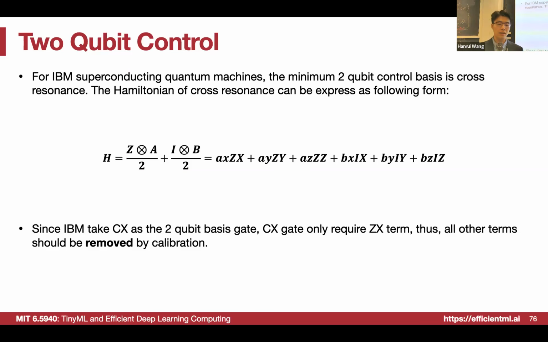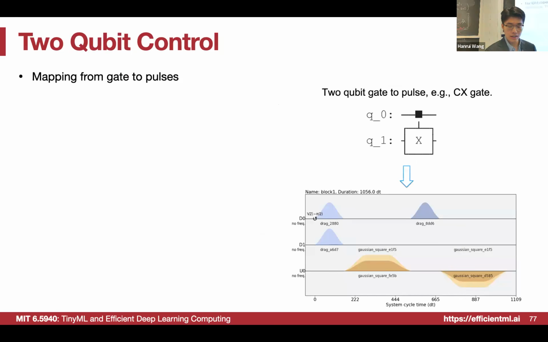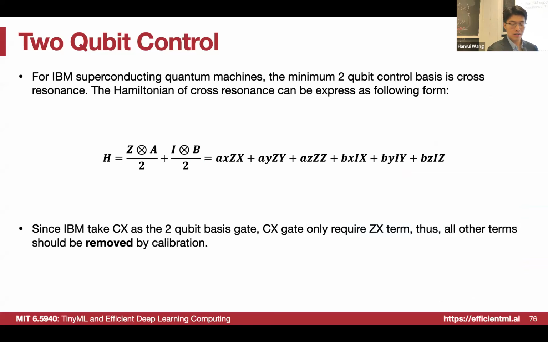But for the IBM superconducting device, if we're doing just like the shape here, if we're doing these two CNOT cross resonant gates, actually there are multiple different terms in this Hamiltonian. The one we want is the ZX term, and for the others, there are some techniques to remove them during the calibration.